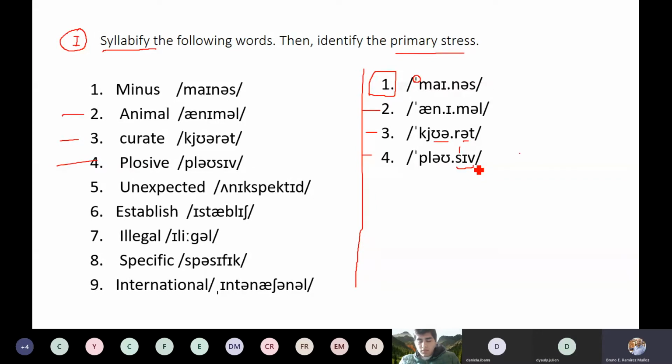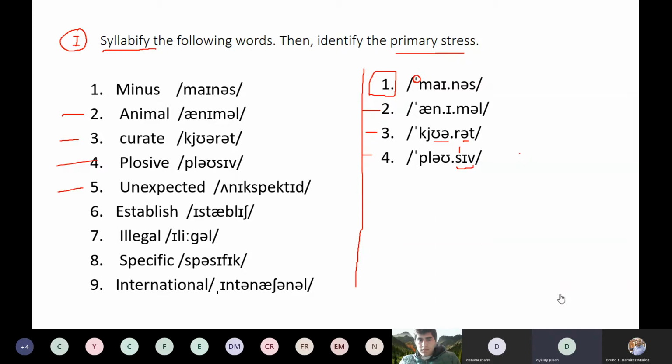Jolie, take the next one, please. Number 5. Yes, it's unexpected. The primary stress is like unexpected.